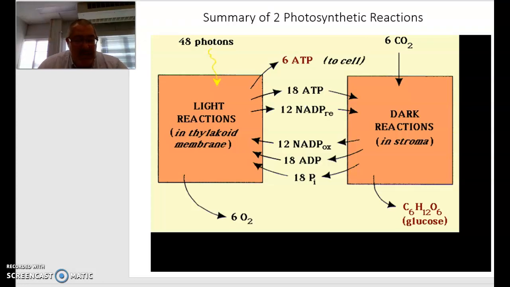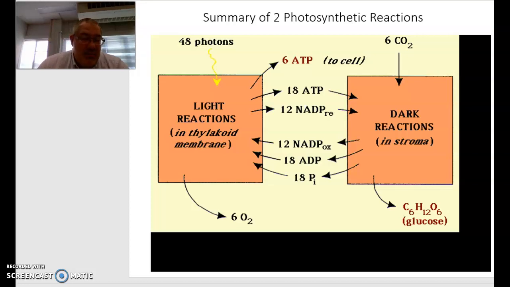18 ATPs tend to be used in the Calvin cycle or the dark reactions. The 12 hydrogen atoms that are released from water in the light reactions are bound to NADP as NADPH. They are all used in the dark reactions or the Calvin cycle.